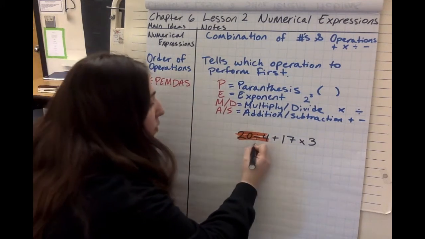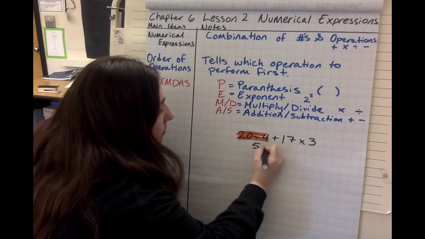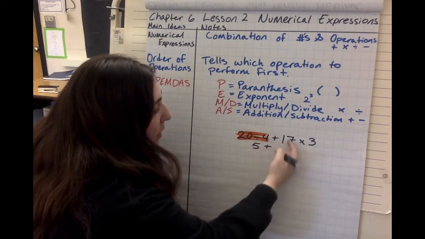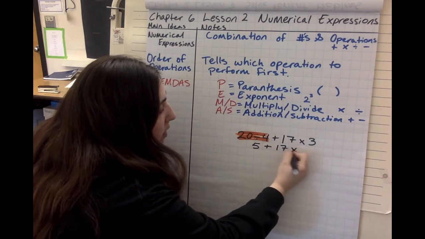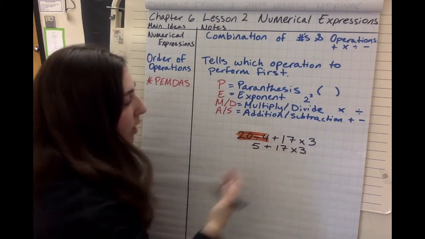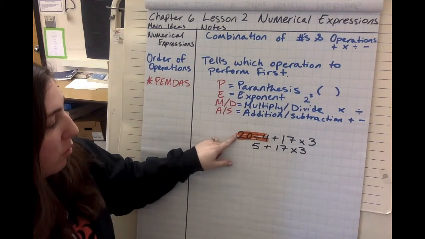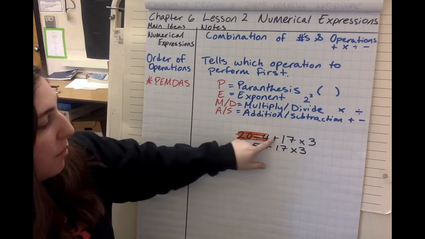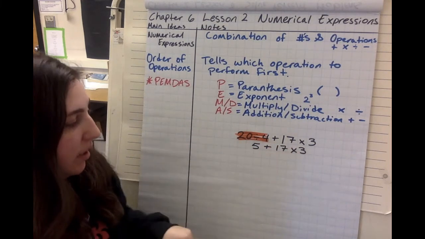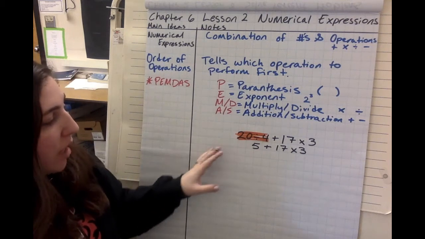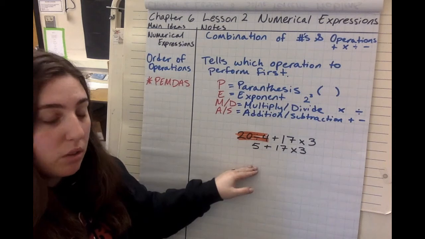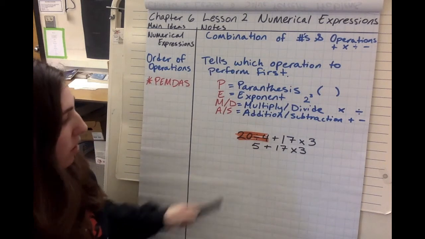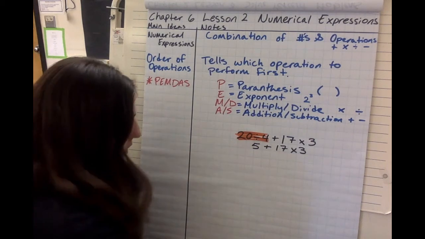20 divided by 4 is 5. And then I'm just going to copy down what I have left, plus 17 times 3. I always have to bring down what I have left over. I'm going to do 20 divided by 4 to get 5, but then I need to bring down everything else. Do not try doing it without showing all your work and going through the process. Then I'm going to multiply.